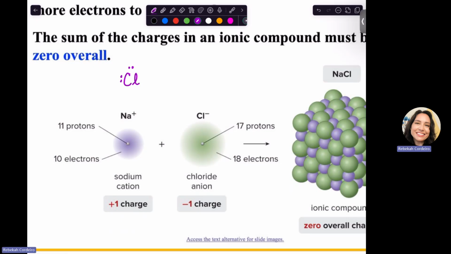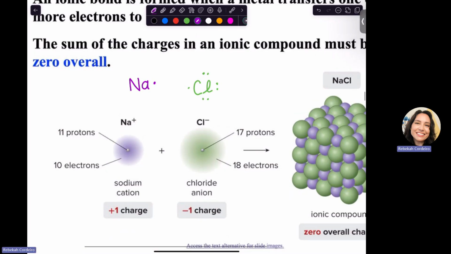Chlorine had 7 and sodium had 1, and chlorine grabbed this one, and so now the chlorine has 8 and the sodium has 8, but it's the next layer down.